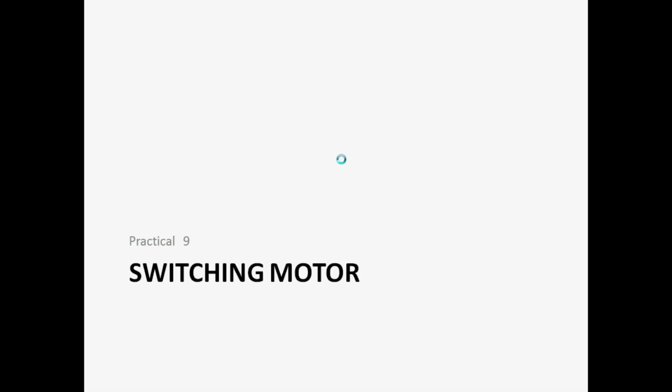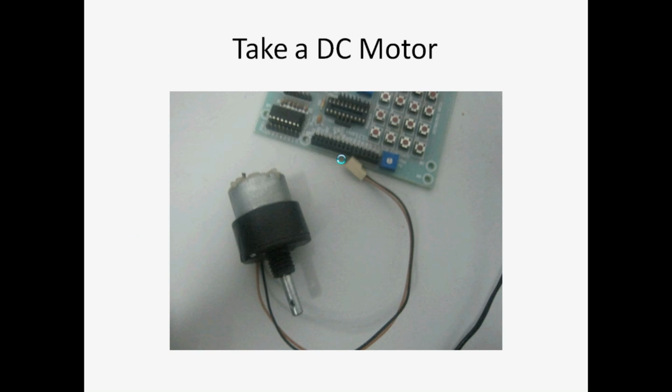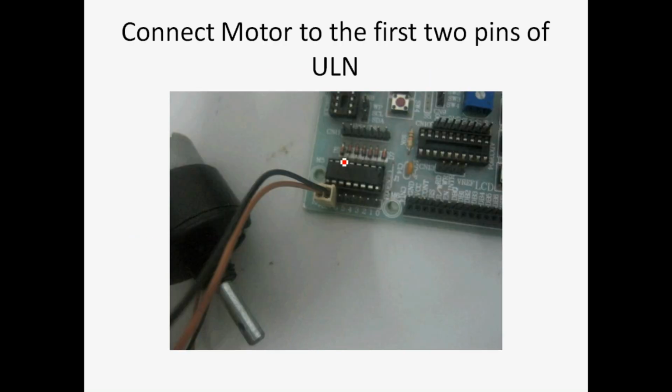Practical 9 is about switching the motor. The circuit for this: take a DC motor, connect the motor to the first two pins of ULN. Again, positive should be on the extreme side and the ground should be the outermost, and 7th enable.